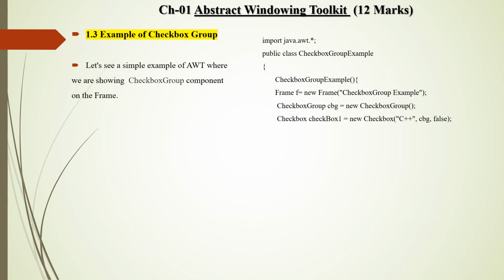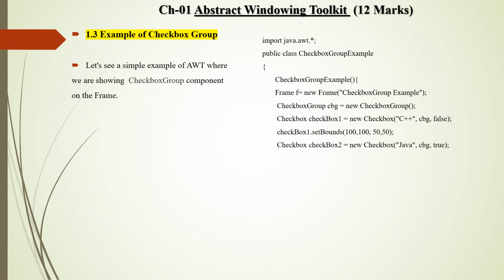Then we create checkbox1 = new Checkbox("C++", cbg, false). That cbg is the object of CheckboxGroup, so this checkbox is added into that group. False indicates the checkbox is initially unclicked. Next we set the position of the checkbox by the method setBounds.